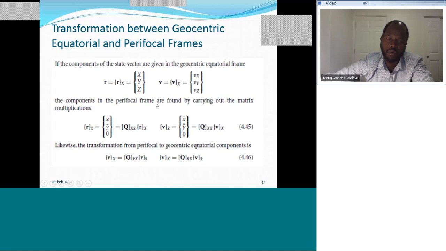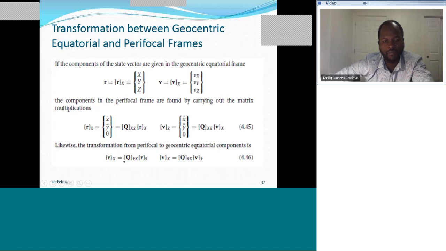The components in the perifocal frame can be found by multiplying the position vector in the geocentric equatorial frame by the transformation matrix, the direction cosine matrix, and the same can be done for the velocity vector too.